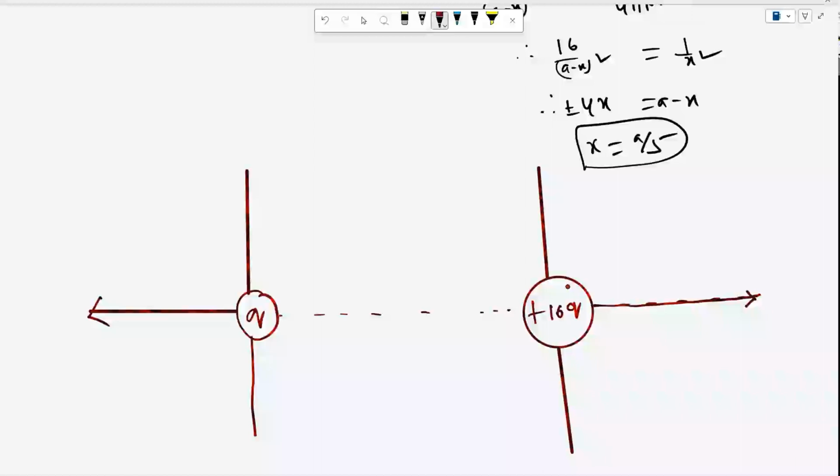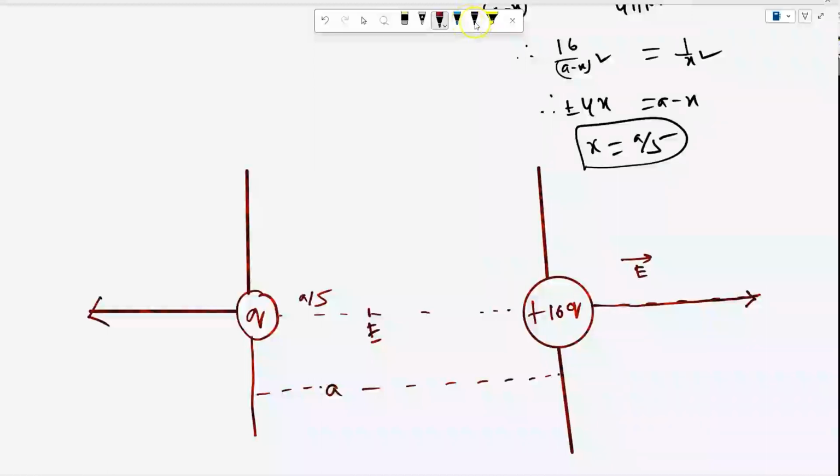So, when you are going to plot the graph, we have seen that electric field at a distance A by 5 is going to vanish. On the right side of plus 16Q, this is the dominating charge. So, electric field is directed towards right.